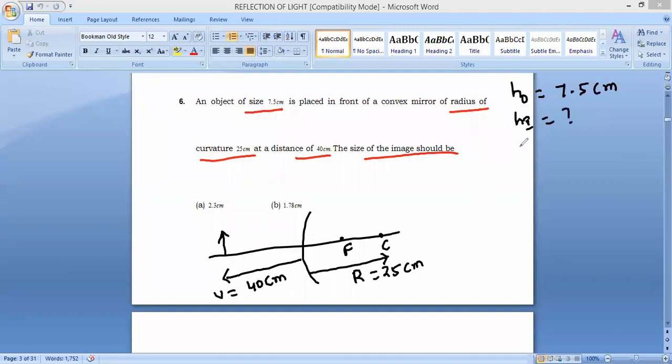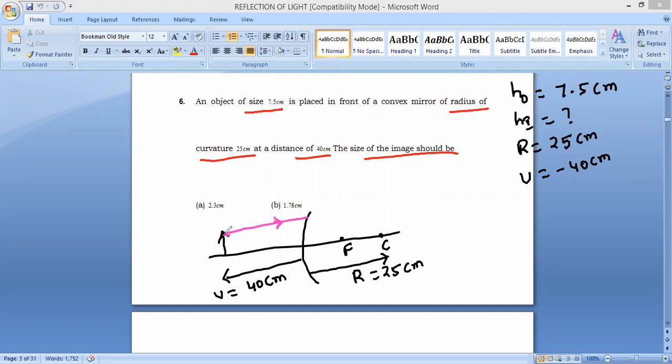They gave the radius of curvature as 25 centimeter and object distance as 40 centimeter. See, here we have the object, so the light rays are moving towards the right.